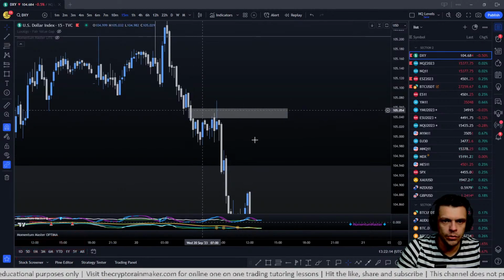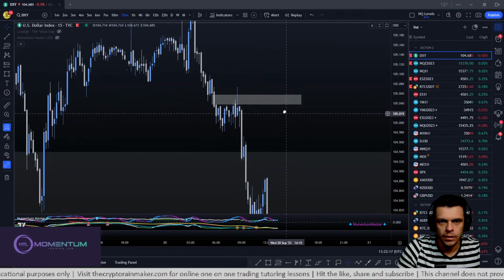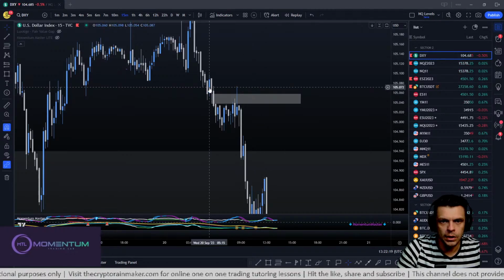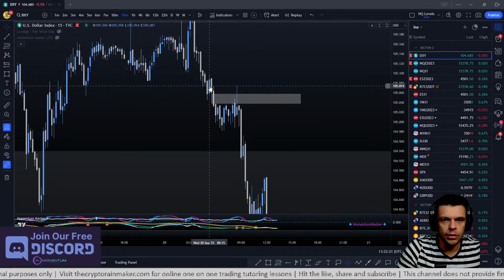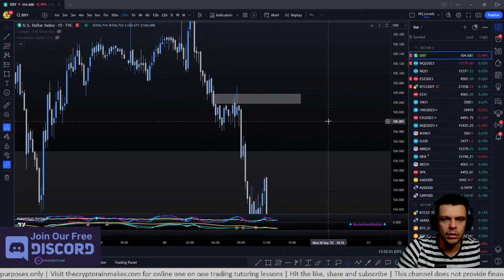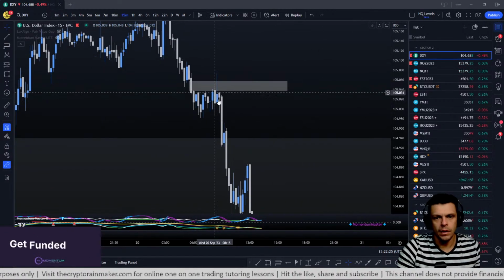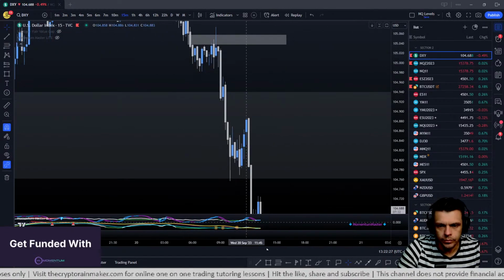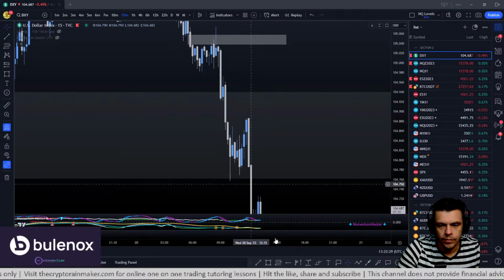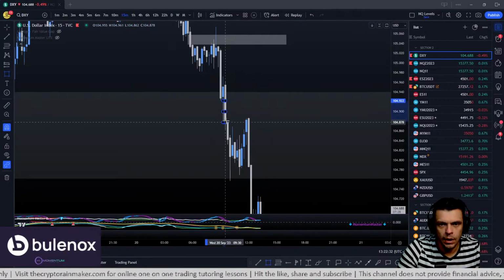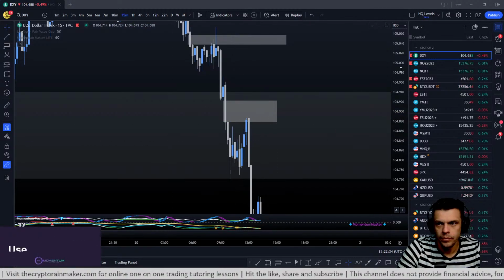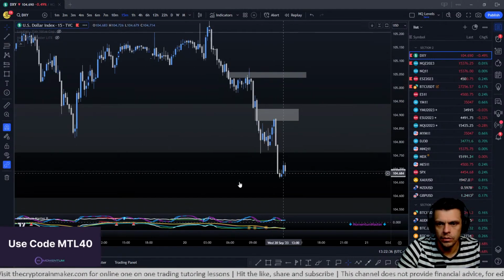So that area is your fair value gap. Looks like this one just pierced exactly into the mean threshold of the order block and then started to dump again. Created more imbalances. Came right into it, dumped again.